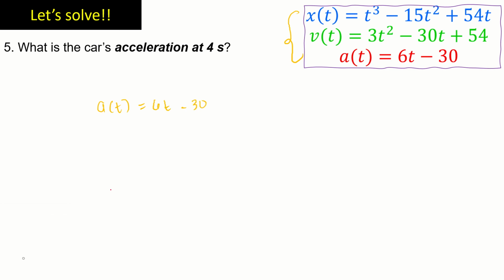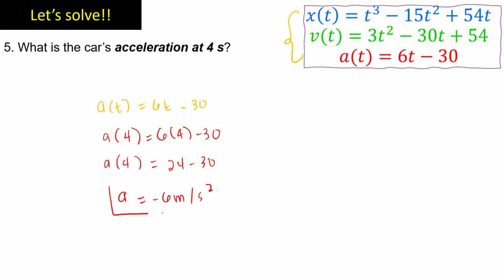So, let's input the values. You have 4 seconds. 6 times 4 minus 30. So, this becomes 24 minus 30. So, your acceleration is negative 6 meters per second squared. Okay? So, this is the acceleration at t is equal to 4 seconds.